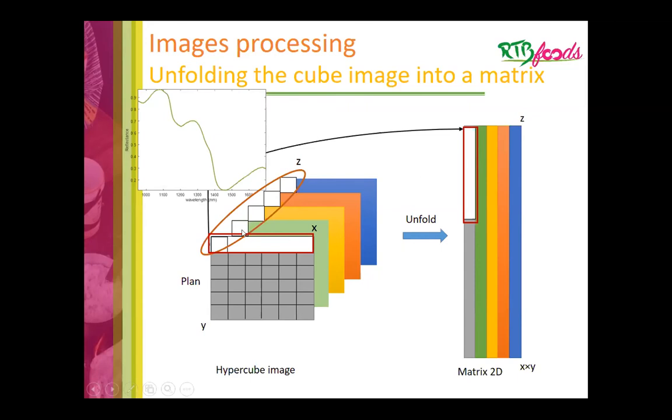For example, for the first plane of the hyperspectral image, the first line of this plane is unfolded in the first part of the first column of the matrix, and the second line is placed below the first line, and so on, and so on.